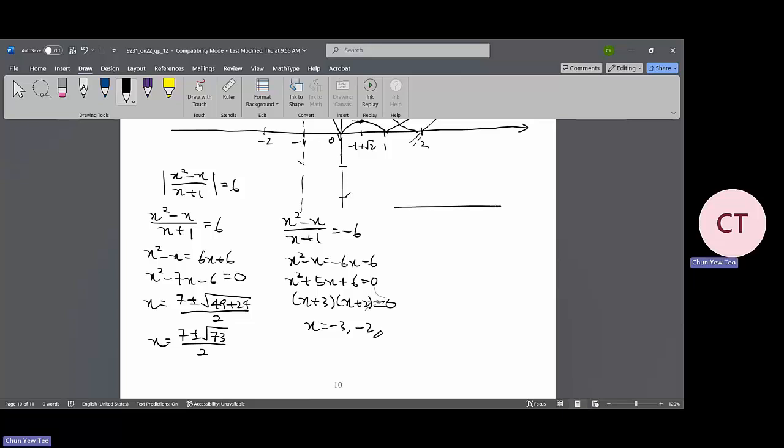If you put them on a number line according to the sequence, you can see that the smallest is negative 3, then negative 2.